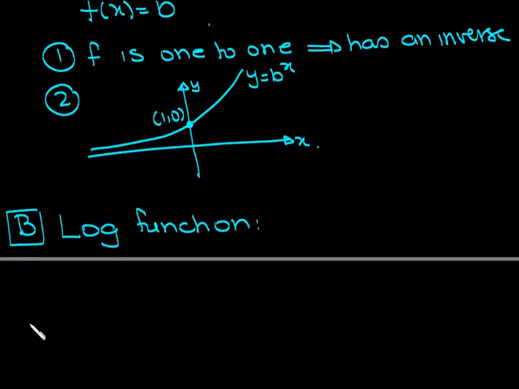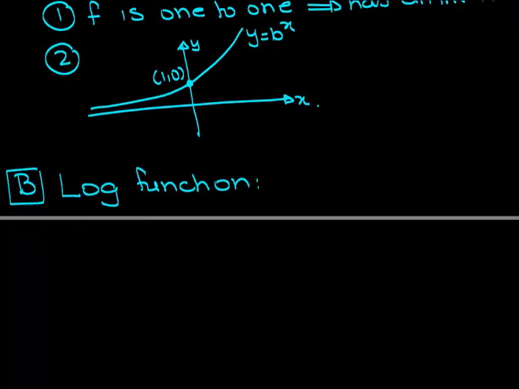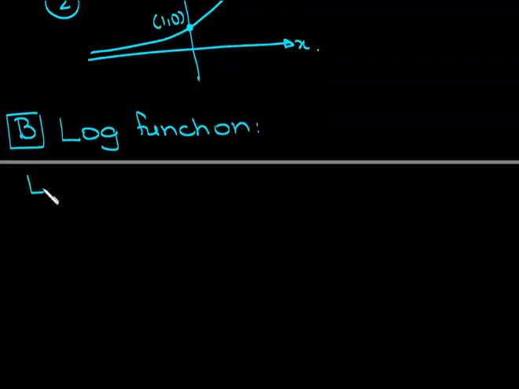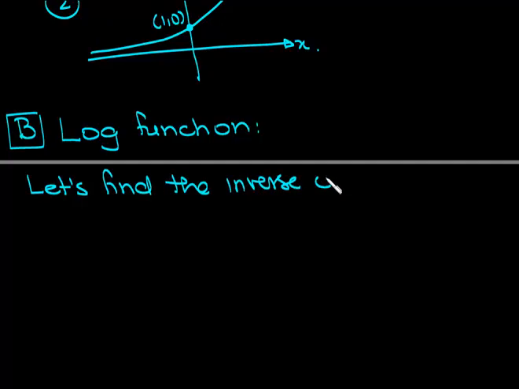Now, since the exponential function is 1 to 1, it has an inverse. So let's find the inverse of the exponential function.